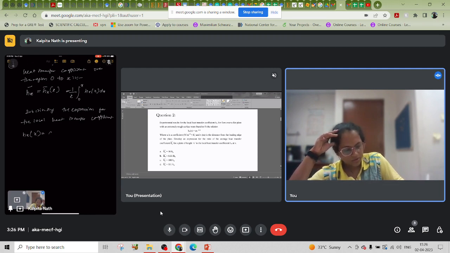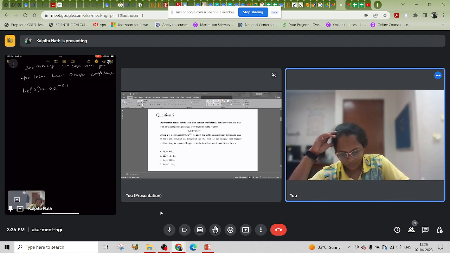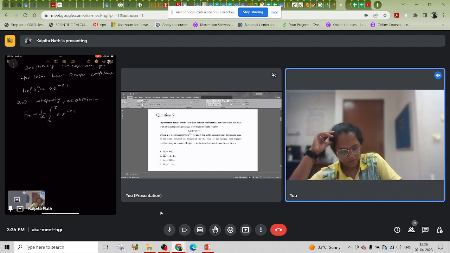hx is equal to a x to the power minus 0.1. Integrating, we obtain hx bar equal to 1 upon x, integral from 0 to x of a x to the power minus 0.1 dx.